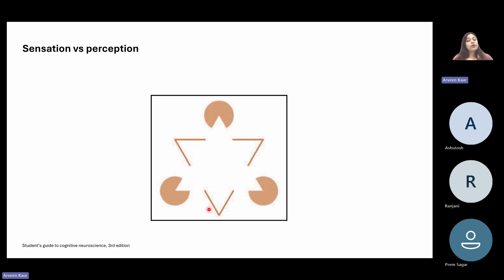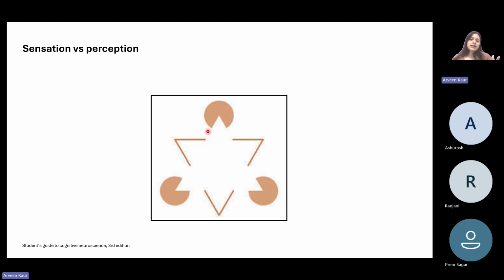But when you look at it, what does it appear like? It appears as if there were three circles over here and there was one triangle over here with this line. And on top of that, there is an opaque white triangle that is lying, right? So that is what we perceive when we first look at this image.